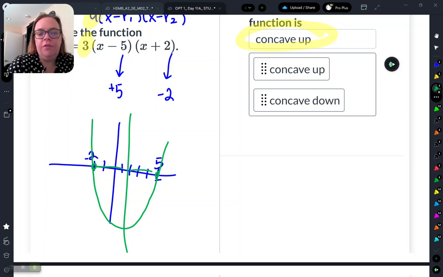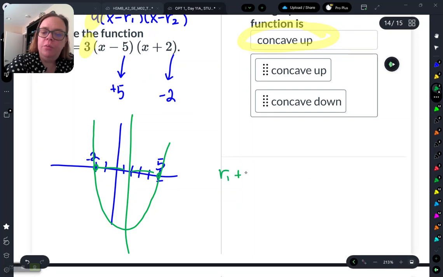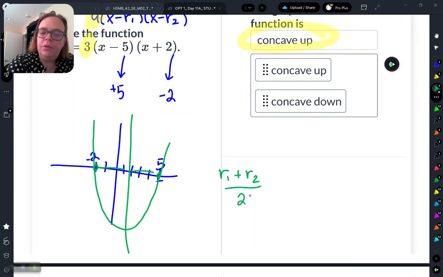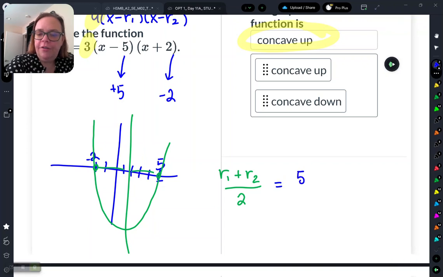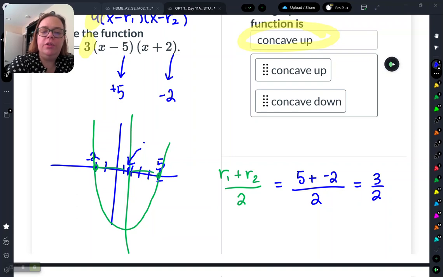So there's a formula where you take r1 plus r2 divided by 2. So in this case, we can do 5 plus negative 2 divided by 2. It gives us 3 over 2. So 1.5, basically that's 3 over 2. x equals 3 over 2 is right in the middle. And that is how we get our last one.